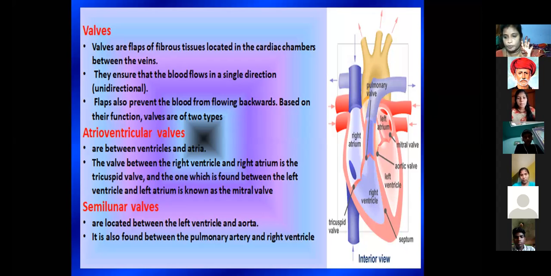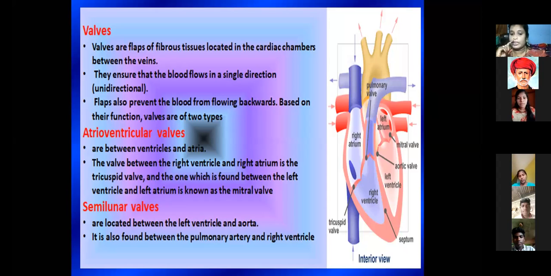The right ventricle and right atrium are connected by the tricuspid valve, and the left atrium and left ventricle are connected by the mitral valve or bicuspid valve. Okay, can you understand, ma?